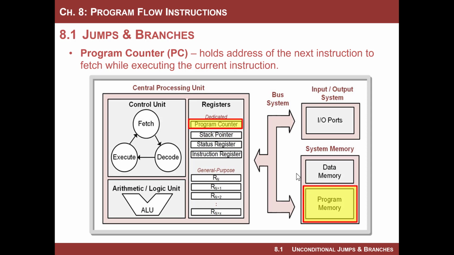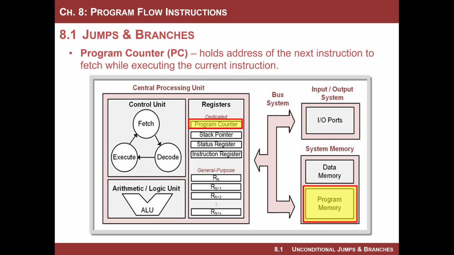So when you reset your computer, the program counter is going to be initialized with 8000. As you start doing your fetch, the fetch operation in the control unit consists of taking this program counter, putting it out on the memory address bus, and reading that first opcode out of the first instruction in program memory, bringing it into the CPU, and decoding it and determining what to do next.